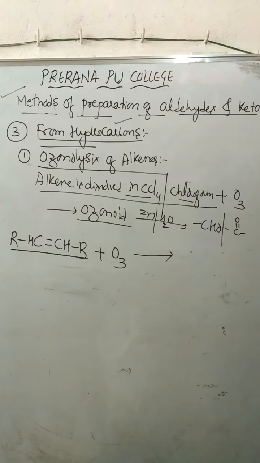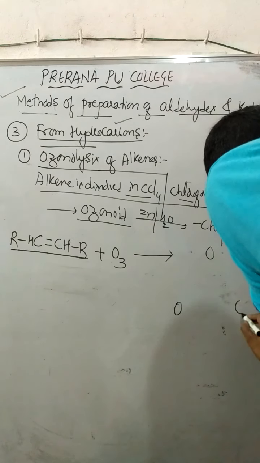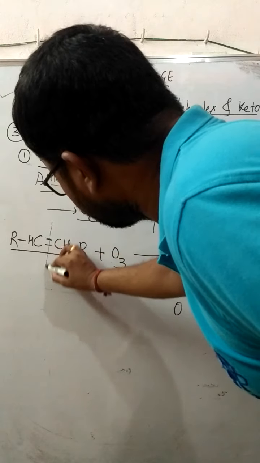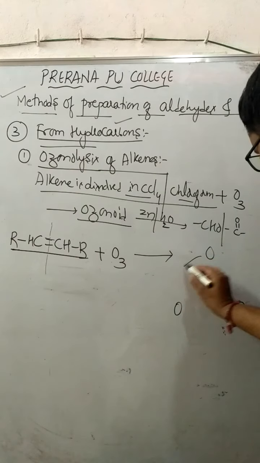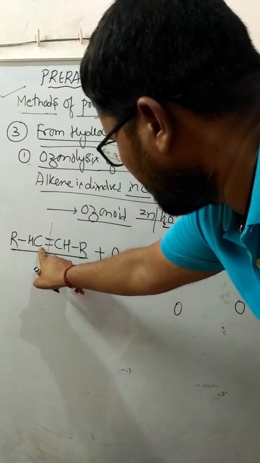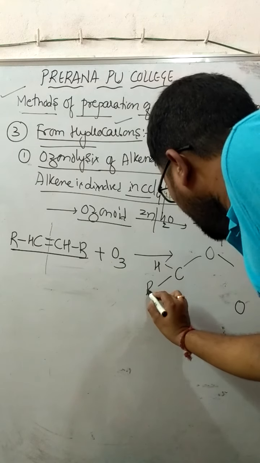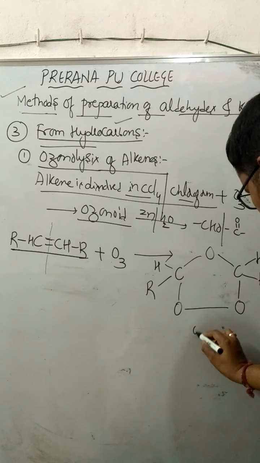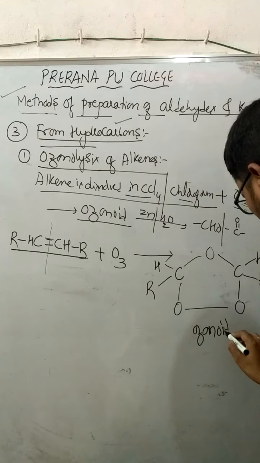Please remember, when we write an ozonoid, the oxygen atoms will be present at the extreme terminal ends, and here the bond breaks symmetrically between the two carbon atoms such that one carbon atom is bound with one hydrogen and one alkyl, and the other carbon is also bound with one hydrogen and one alkyl. So this is called an addition complex, which is known as ozonoid.